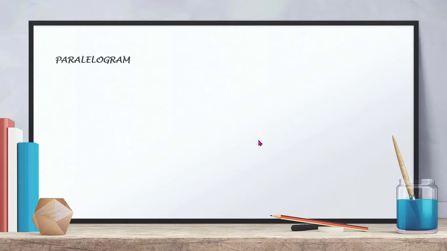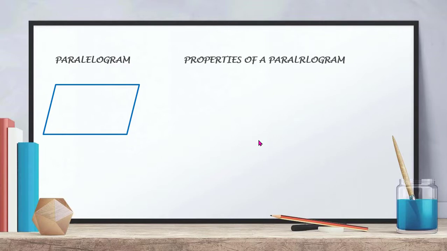Number 3 geometric figure in our study of mensuration is the parallelogram. The parallelogram looks like that. And what are its properties? Property number 1.